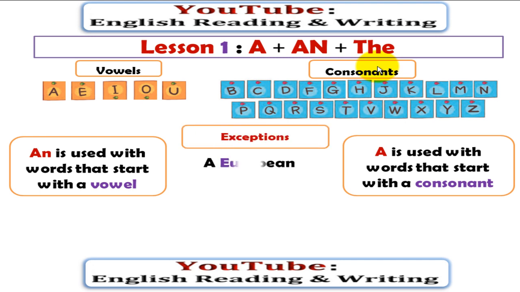For example, if the first letter is a vowel in a word and it is pronounced like "yeah," we use a instead of an. For example, we have this U here, it's pronounced "yeah." A university, a university. Another example, a user, a user. Another one, a union, a union.